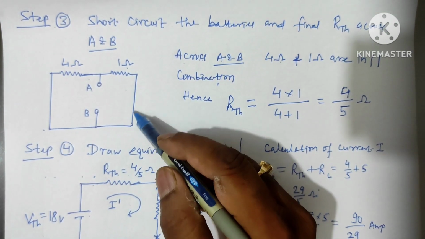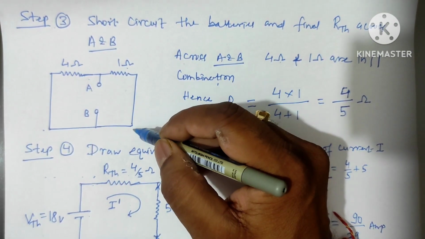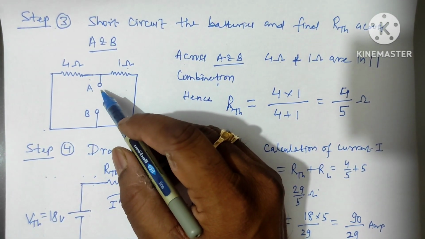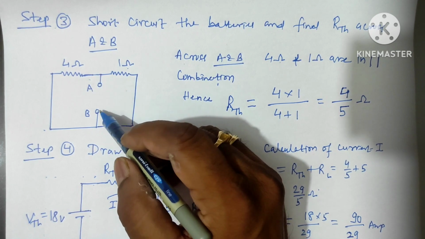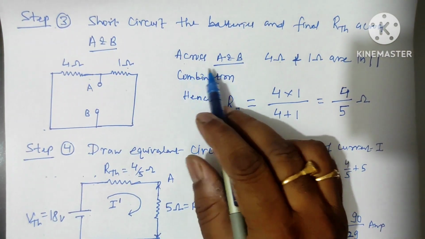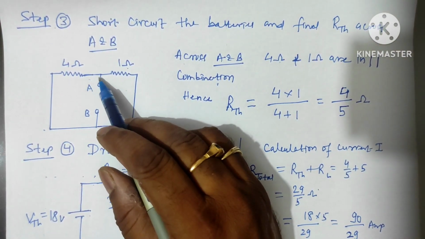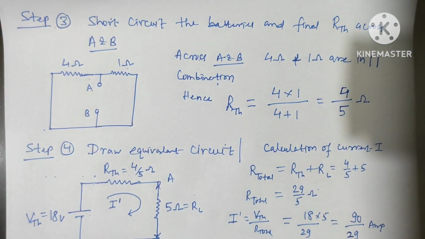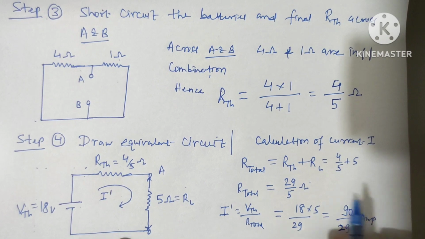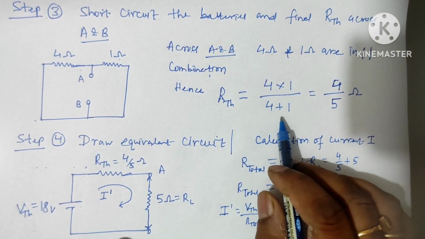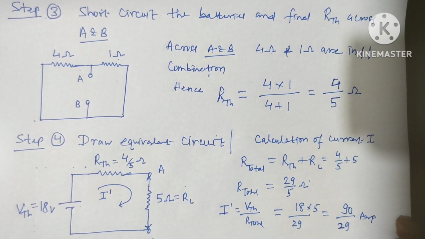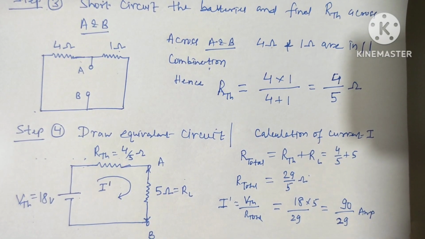So I have short circuited both the batteries, now shown by a single connecting wire. My aim is to calculate R Thevenin, resistance across terminals A and B. Across A and B, you can see now this 4 ohm and 1 ohm will be in parallel combination. On solving this parallel combination, R Thevenin will be 4 multiplied by 1 over 4 plus 1. So 4 by 5 is the R Thevenin, or the resistance across A and B.